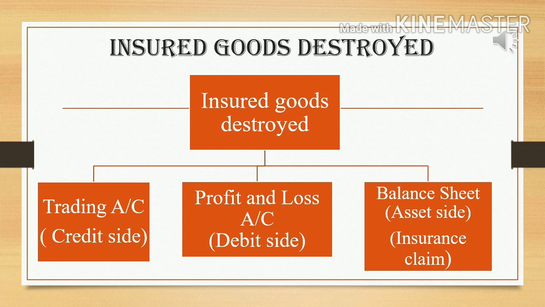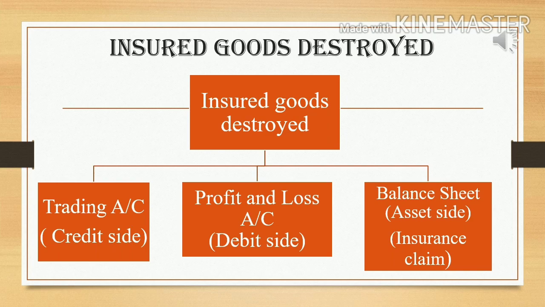Now what happened? The insurance company does not pay us all the money of the goods destroyed. Let us take an example. If 10,000 rupees of goods is destroyed by fire, the insurance company will check the details and they will only provide me with 6,000 rupees. So there is a difference.